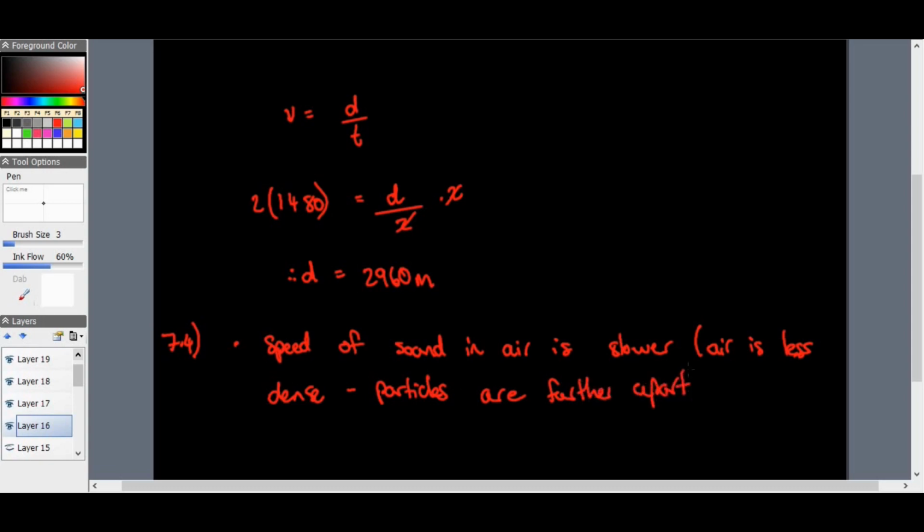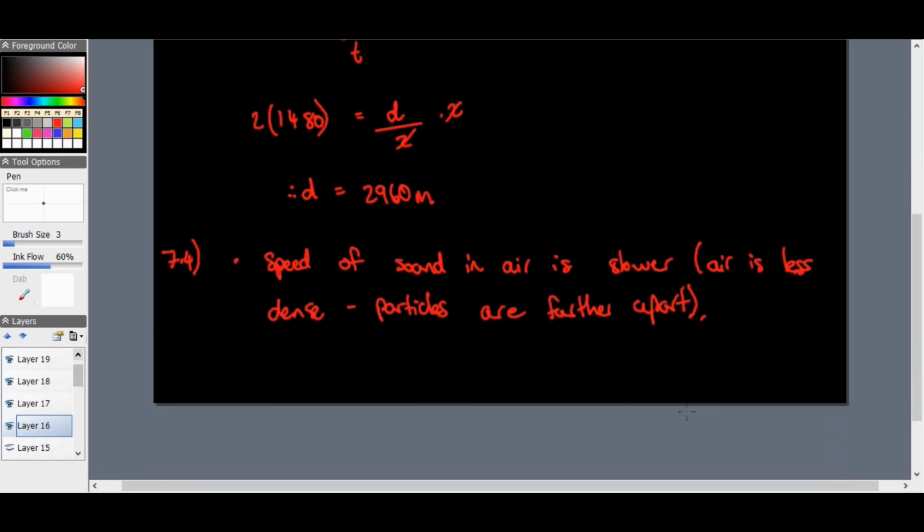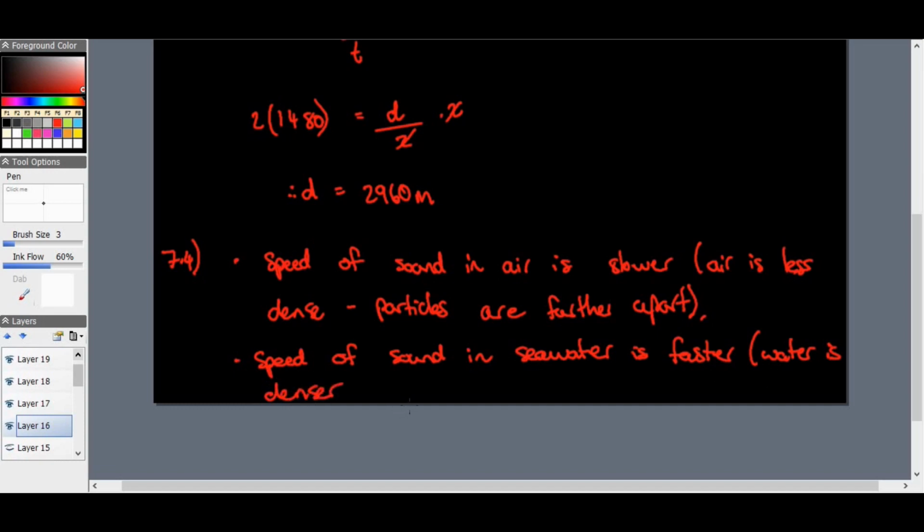But of course, speed of sound in seawater is faster, because water is more dense, or we can use one word, is denser. Water is denser, which means that the particles are closer together.